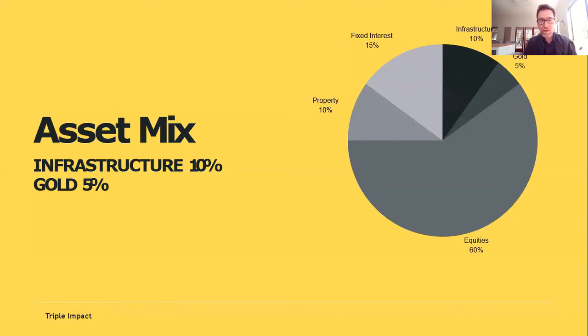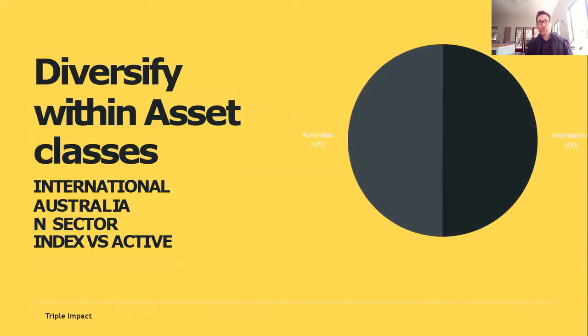Now, it's really important to also diversify within each asset class as well. What I mean by that is that asset classes that are listed on stock exchanges will have a certain exposure to different countries and different sectors.